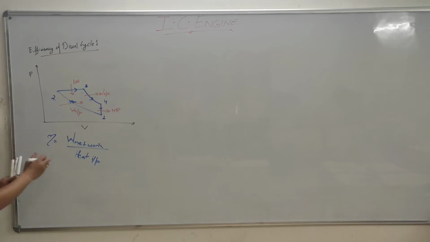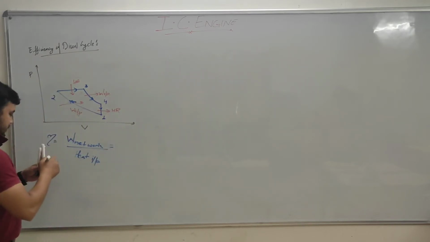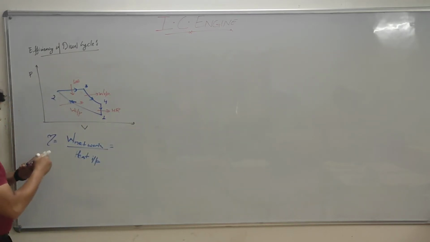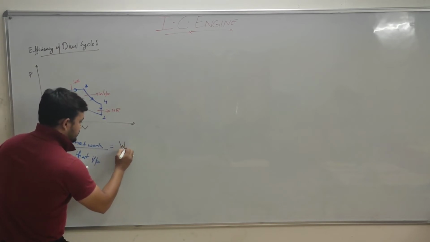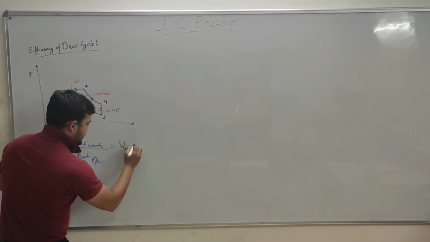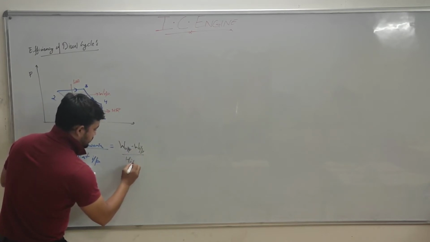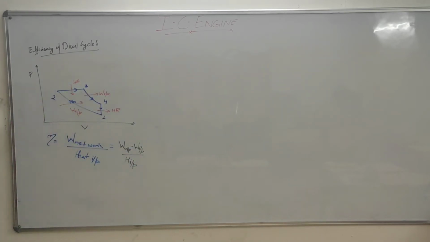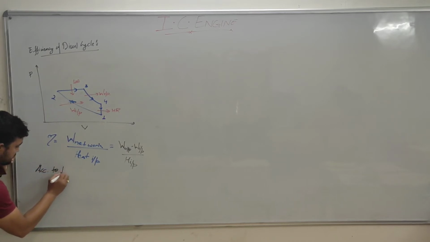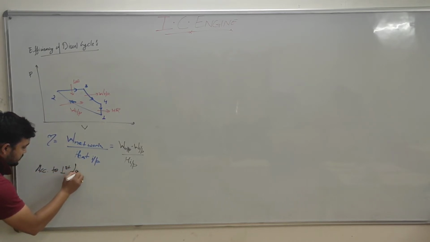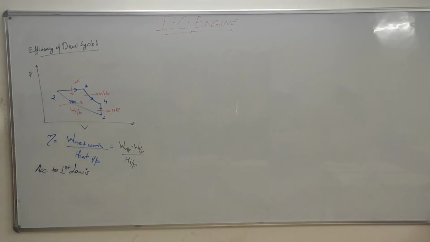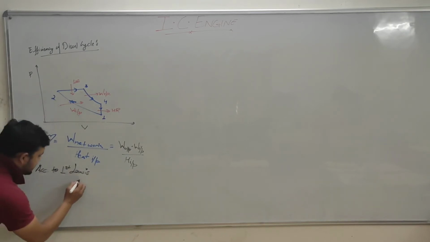So here in this case it will be W output minus W input upon the net amount of heat input given to the system. But according to the first law, what does the first law state?